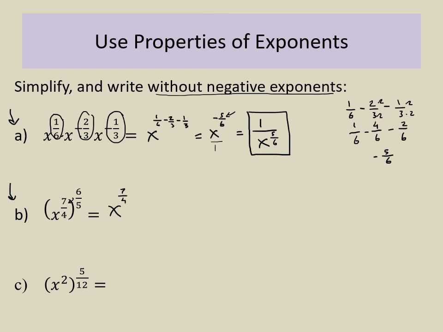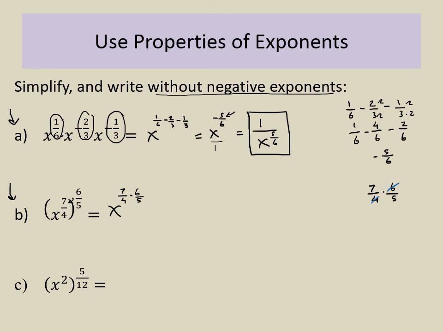7 over 4 times 6 over 5. Okay, let's go ahead and do that one on the side. What's 7 over 4 times 6 over 5? Well, we know how to multiply fractions, don't we? What is the first thing we do? First, we reduce any factor in the numerator with any factor in the denominator. So we got a 6 here and a 4.